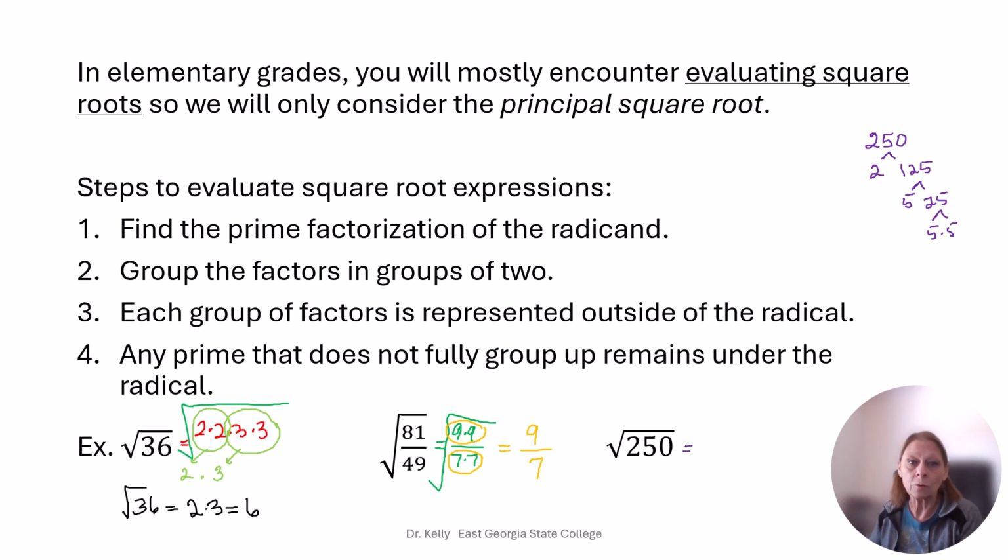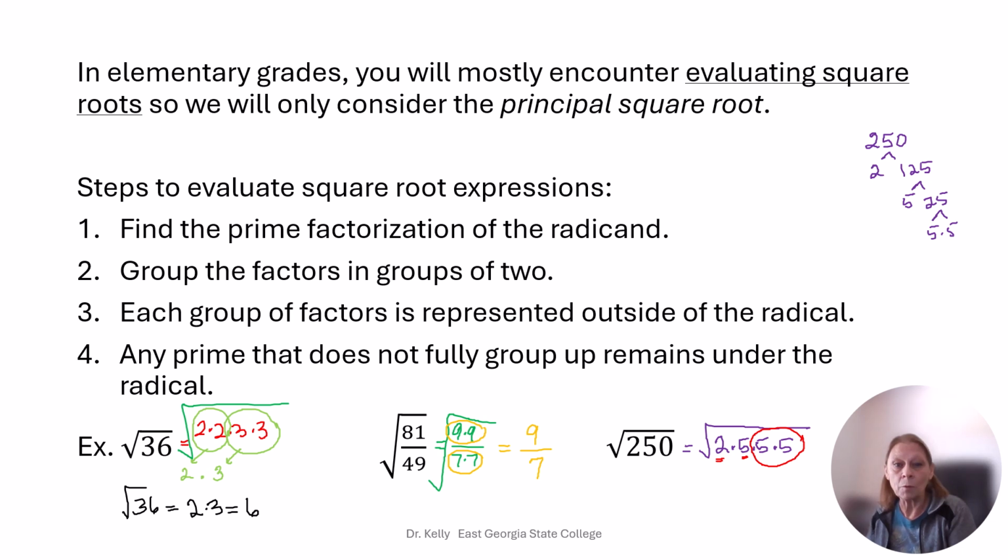So the square root of 250 is the square root of 2 times 5 times 5 times 5. And we're going to pull these out in groups of 2, and here I have a group of 5's. But I actually have a 2 that does not have a 2 to group up with, and a 5 that does not have a 5 to group up with.